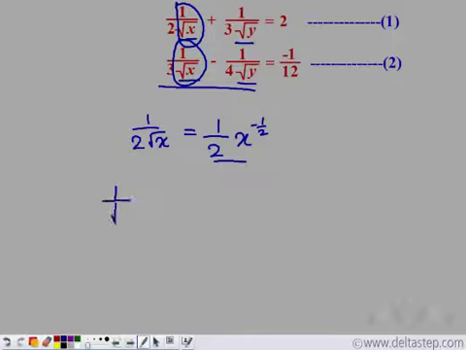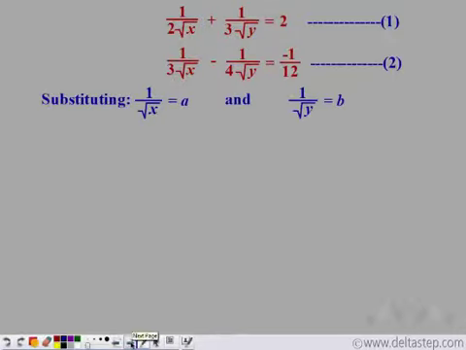So, we have 1 by root x, and we take it to be a. Also we can take 1 by root y from here, 1 by root y from here. This is common to the second term of both the equations, and also this is the only variable part. So 1 by root y is equal to b. Let us make this substitution and see what we get.